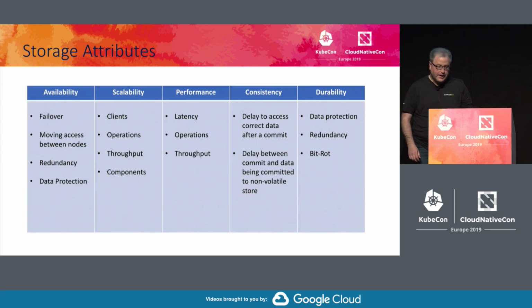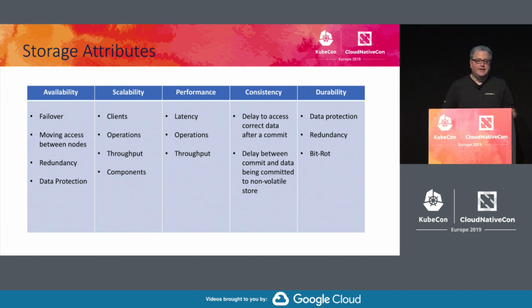The storage attributes that we were looking at cover functionality or capabilities of different storage systems. When we're looking at things like availability, we're often thinking about perhaps redundancy, but it also covers aspects like how data fails over, how a pod continues to access the data during failure scenarios, for example, as well as the more traditional redundancy and data protection.